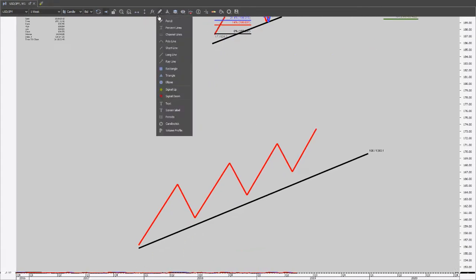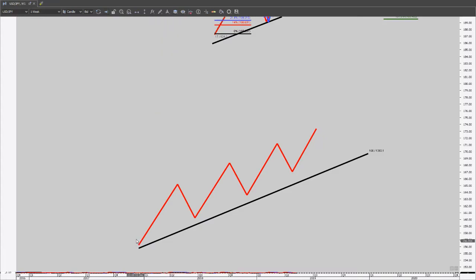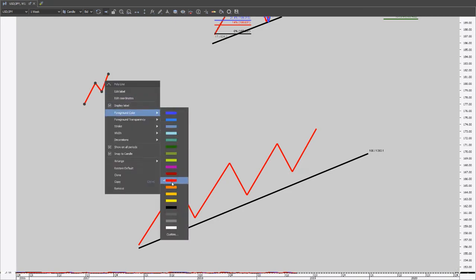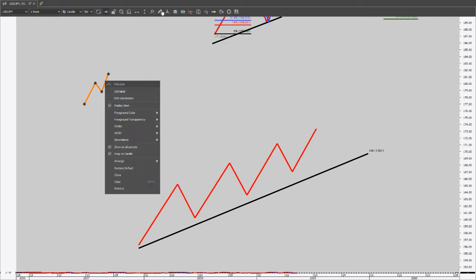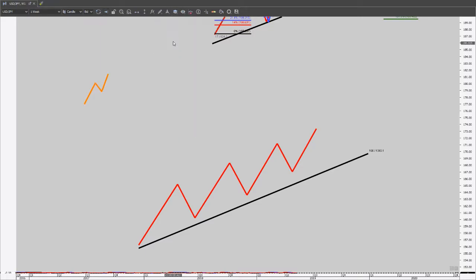Number 2, the market, in order to wave, it must, let's color code this in orange. The market, in order to wave, it must go from extension, and extensions are bigger, everybody. It must go to retracements.